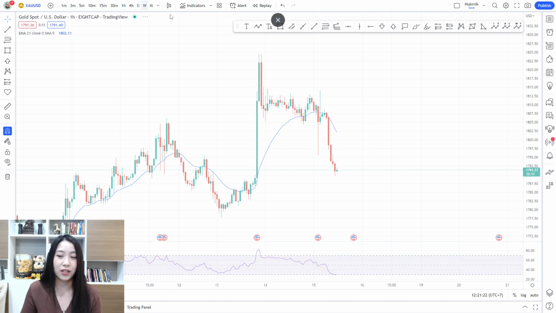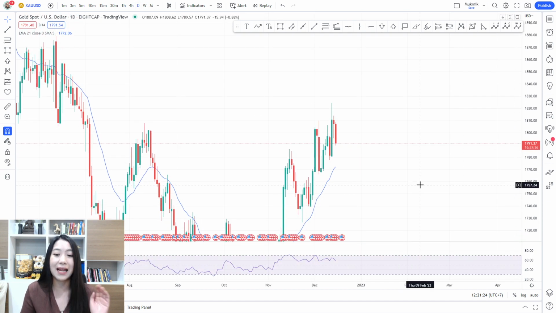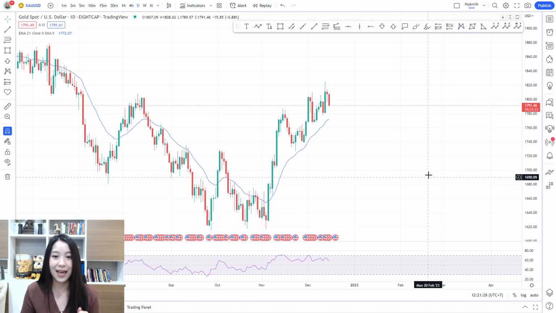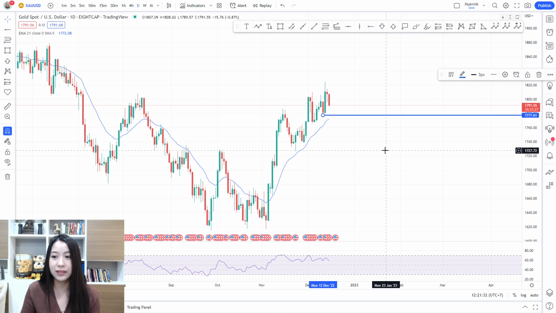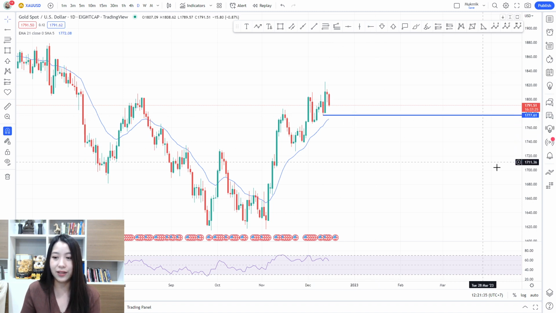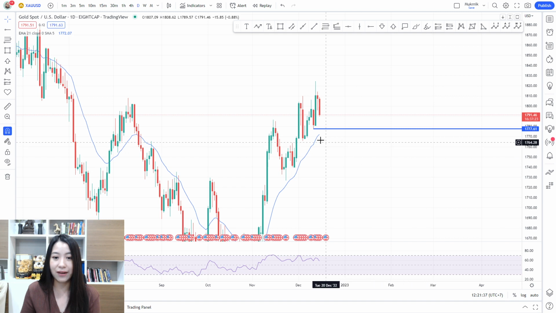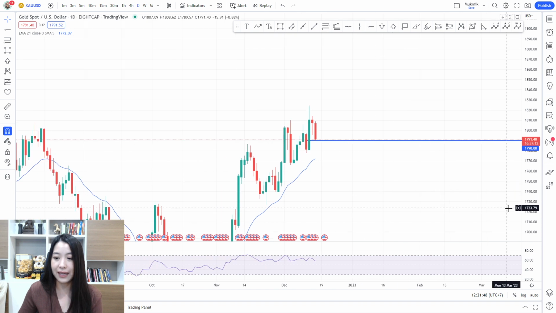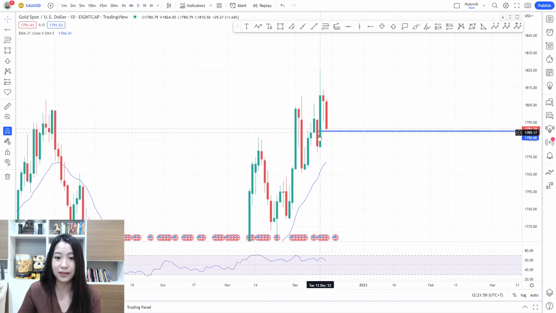Okay, so let's go straight to the daily time frame and see what we've got to do today. For today the price is still being held above this support, and to be honest, we have this 1790, which is the significant level. The price is still using this support.